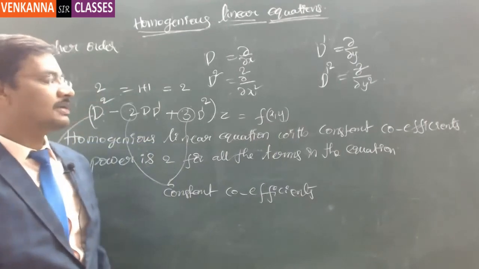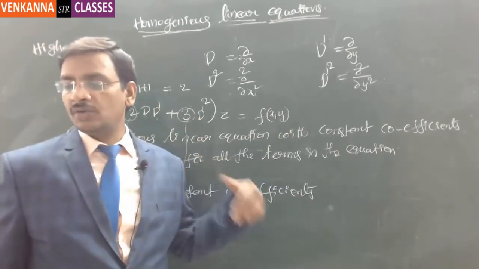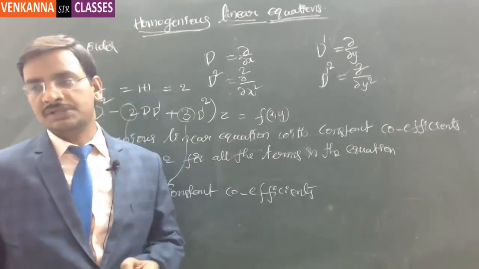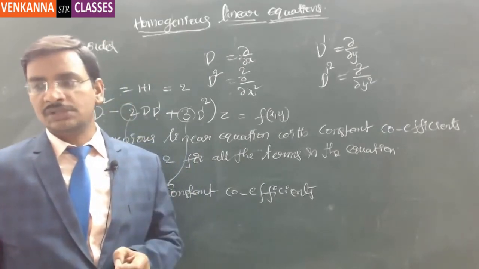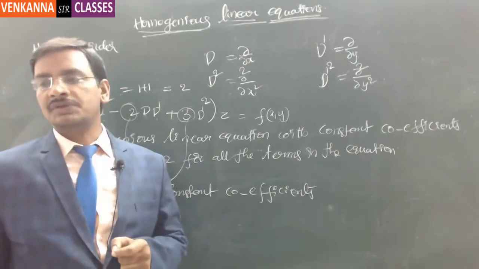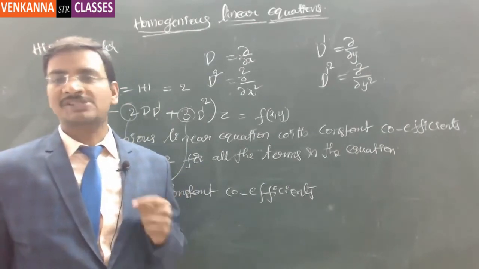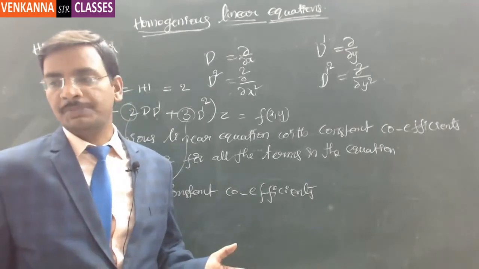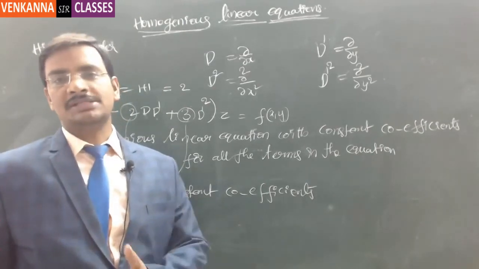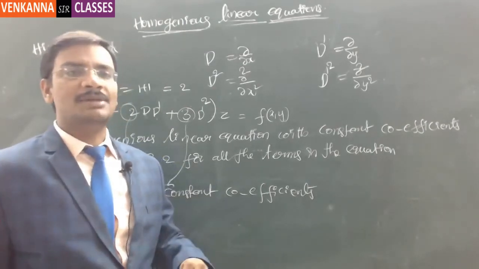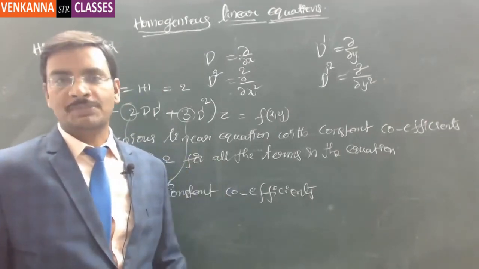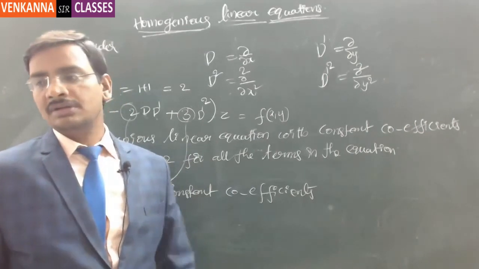Now in this kind of case, the way we have to find the solution is, in case of ordinary differential equations, if it is a homogeneous equation, then for higher order equations we have some specific methodologies. That is, we find the complementary function separately and the particular integral separately. Now exactly in a similar manner, even here we have to find the complementary function separately and the particular integral separately.